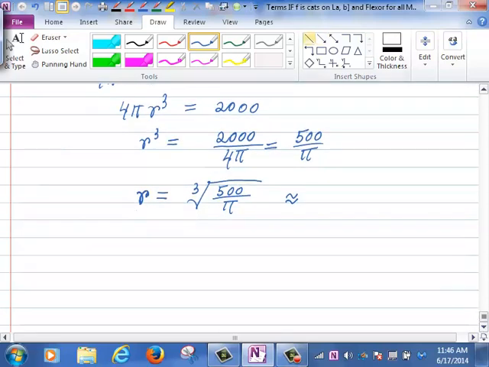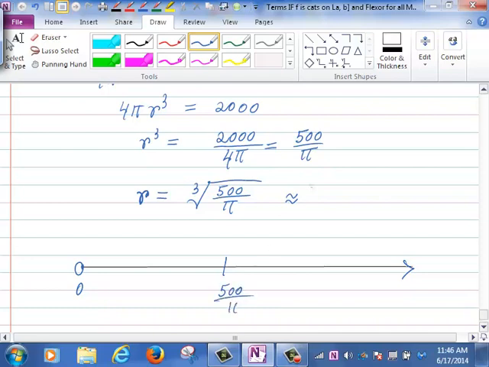Remember, the r value could be anything from 0 to infinity. So that's the domain of the function surface area. And the only critical point that I got is at about 5.42.